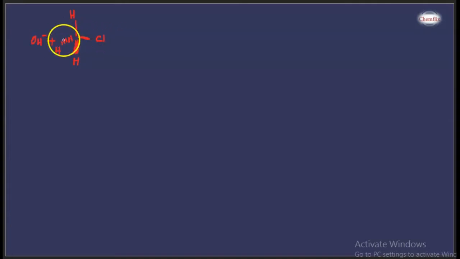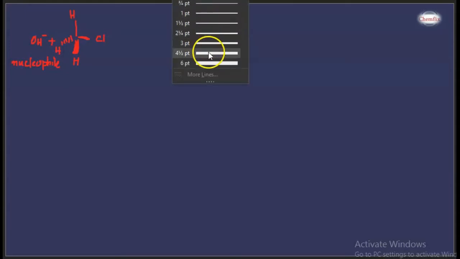So what happens here is, in SN2 mechanism, the incoming nucleophile, so this one is the nucleophile, approaches the alkyl halide molecule and starts interacting with it. And the carbon halide bond, this one is the carbon halide bond, I will indicate using another color.